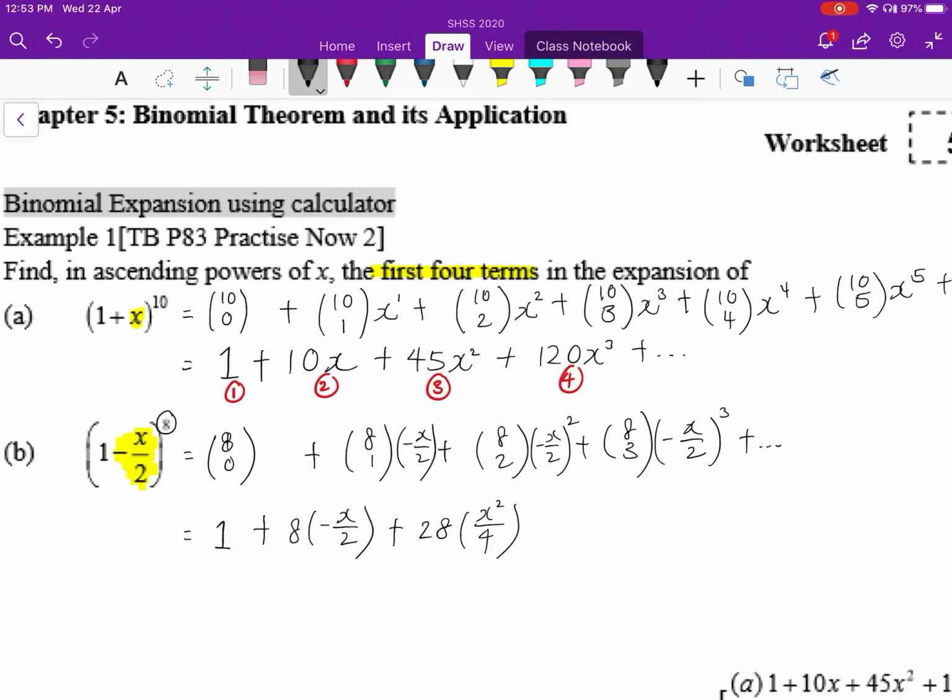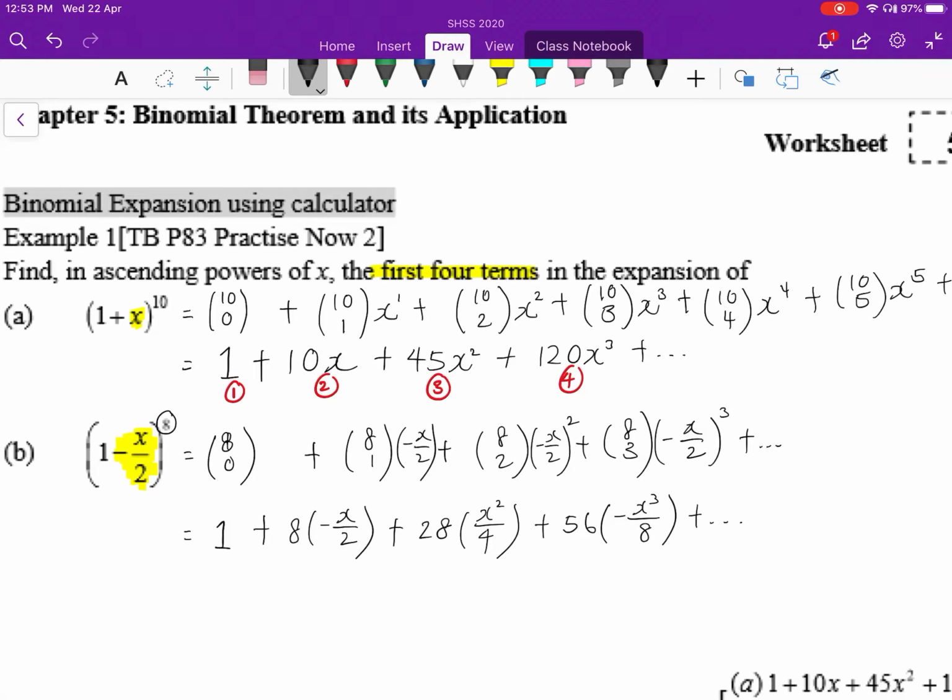Negative times negative is positive. Plus, if you press 8C3, it's 56. Negative x over 2 cubed is negative x cubed over 8. The negative remains there because negative times negative is positive, times another negative is negative.